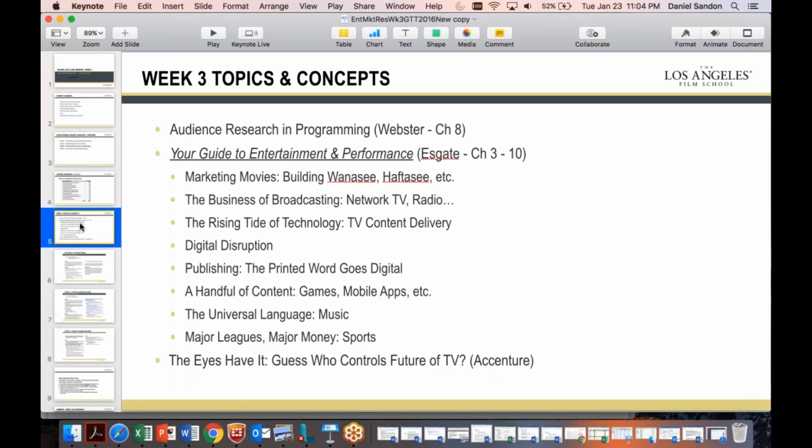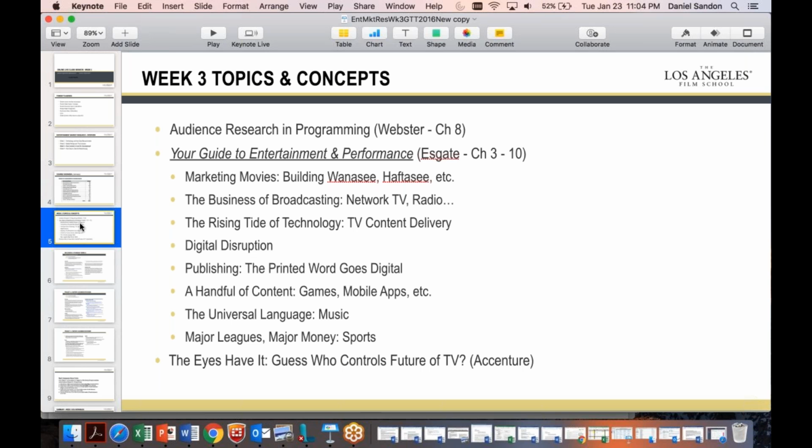So here are our topics and concepts for this week, and these are based on the readings that are in the Read and View section for this week. The first one is from the Webster textbook. That textbook is called Ratings Analysis. This is chapter 8. It's called Audience Research in Programming.